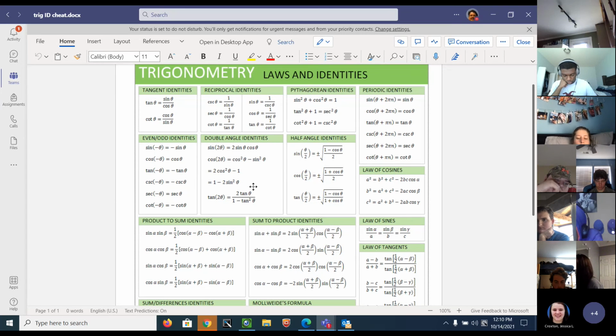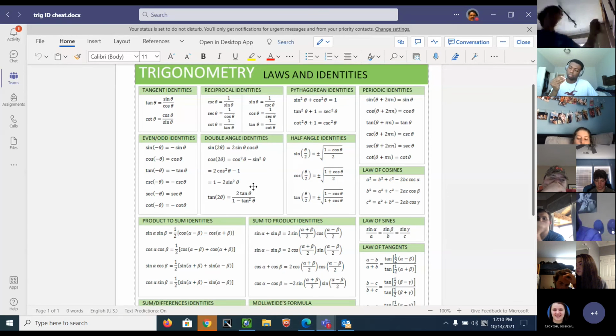Now we know theta is 135. Since 135 is in the second quadrant, we know the cosine is going to be negative. So I'm just going to call this negative 45 degrees and put a minus symbol right here.